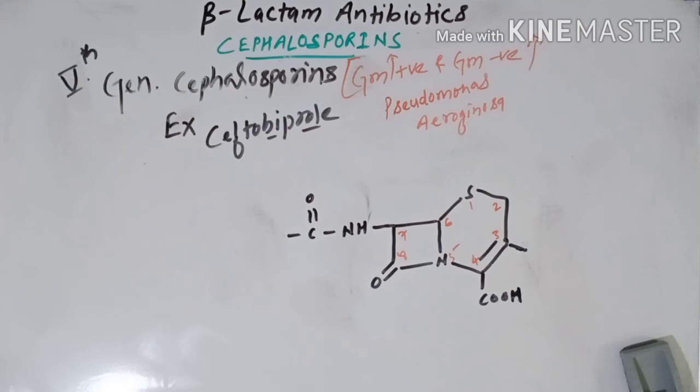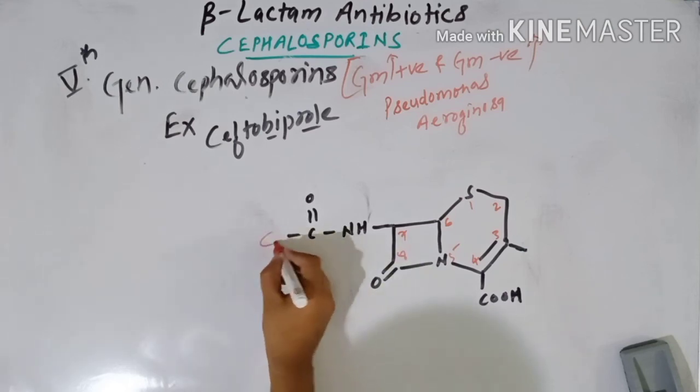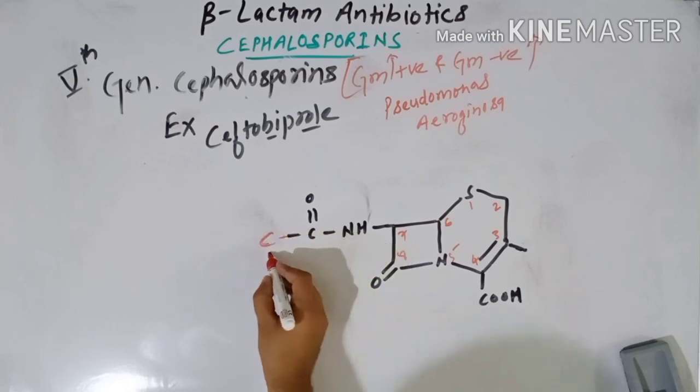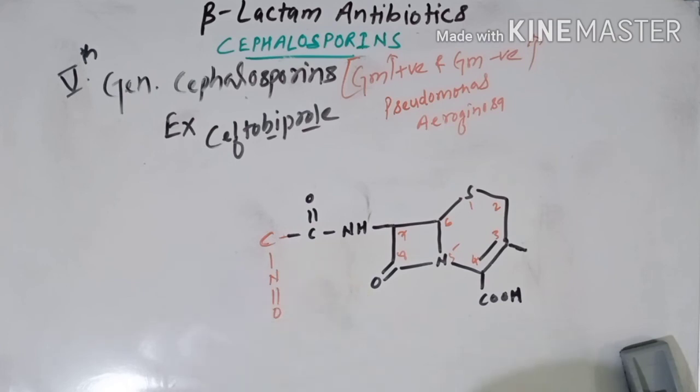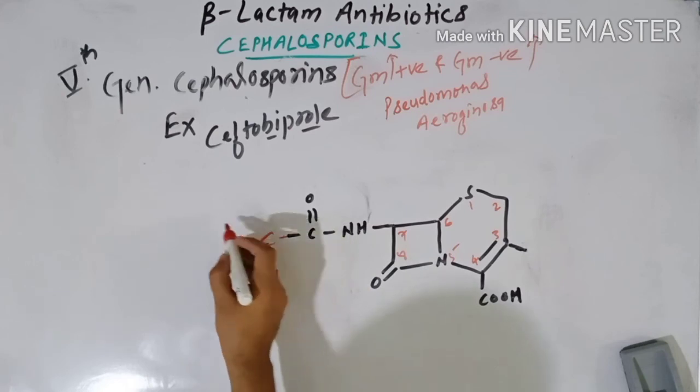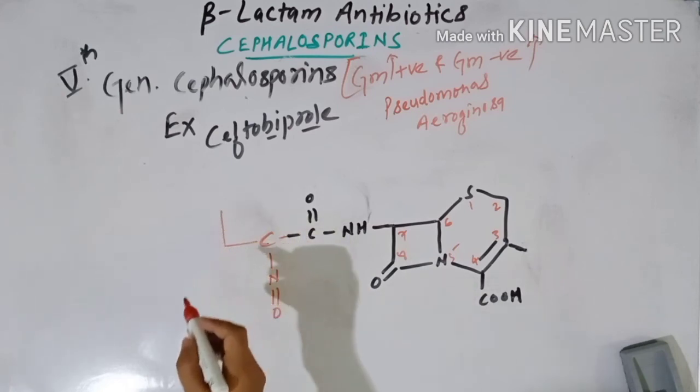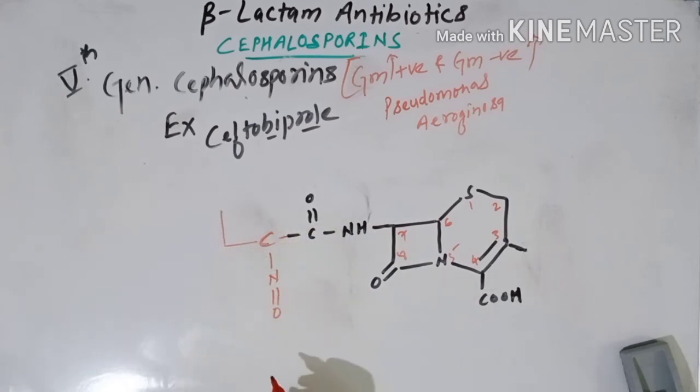So have a look at the structure. First, again the same acylation. So this acyl carbon, the acyl amino group has this carbon here, and this carbon is linked with nitrogen, and this nitrogen is linked with oxygen. Now again here the same ring as we have discussed earlier, but this ring has two nitrogens.